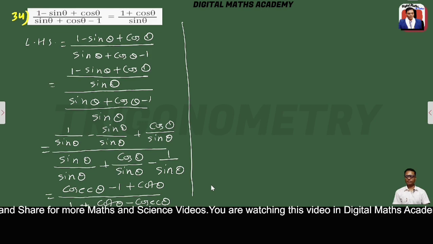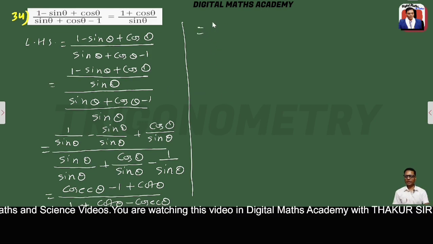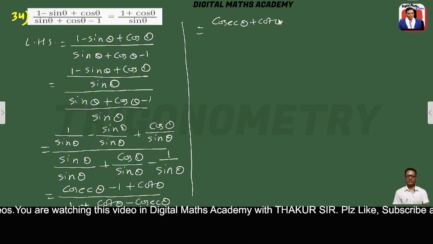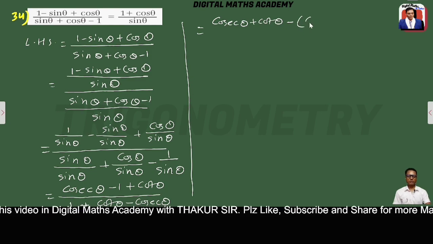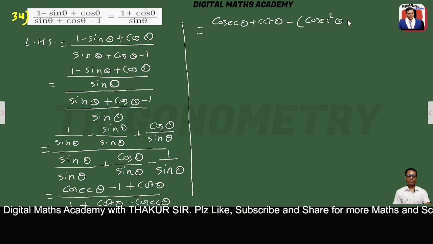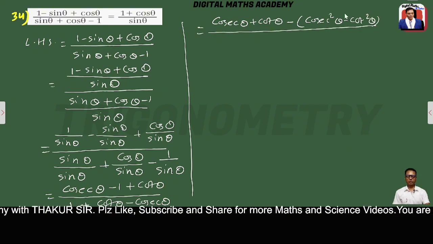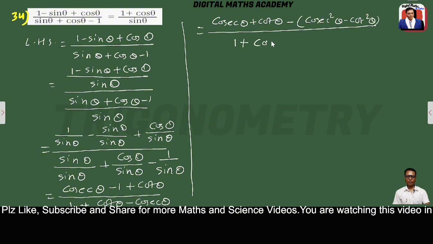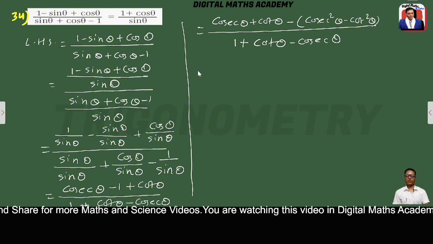Now we are going to replace 1 here, we can see minus 1, so we write cosec theta plus cot theta as it is. Now minus 1 means we can write inside the bracket for 1 cosec square theta minus cot square theta. Yes, because cosec square theta minus cot square theta equals to 1, and we are not going to do any change at the denominator, so we have 1 plus cot theta minus cosec theta.